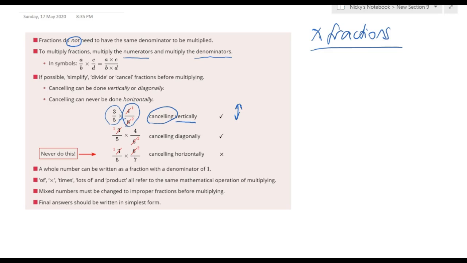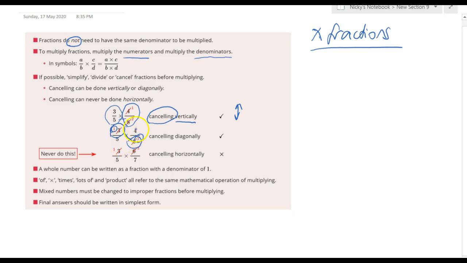The other thing you can do is to cancel diagonally. We can see that there is a pair of parts of the fractions here. There's a 3 as a numerator on this side, and there's a 6 as the denominator on the other side. What you can actually do is cancel using that pair. I know that 3 goes into 6 once, so I can put the 1 there instead, and that becomes a 2.